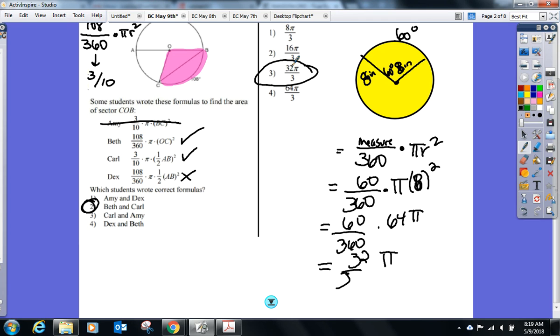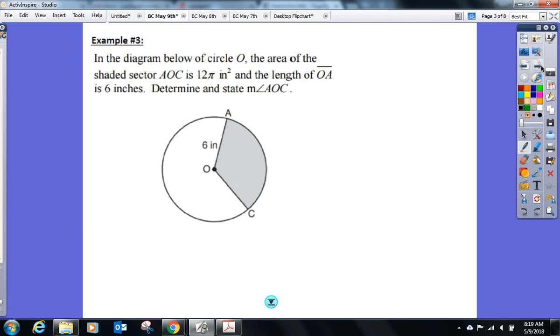All right, read over the next one right now. So you have the area of the sector, and you're trying to find the measure of angle AOC.